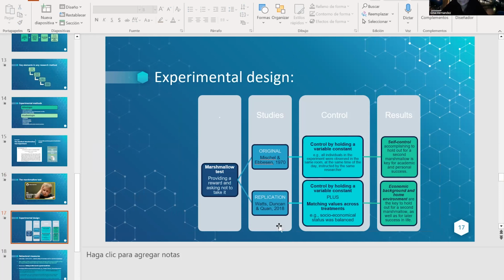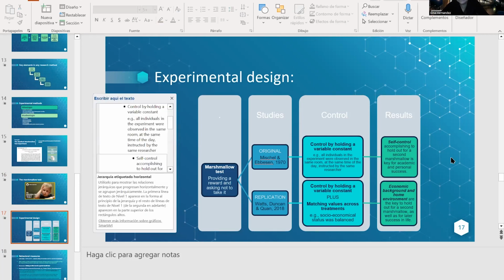But the replication that they did in 2018, they did both. The first study with the marshmallows, and then they follow up with these same participants, and they found that the findings were actually half of the ones that Michel found originally.